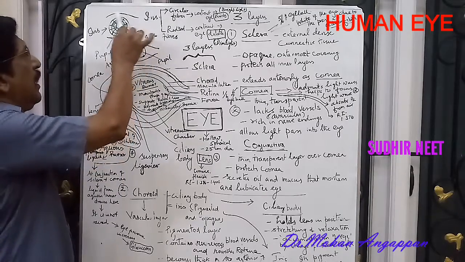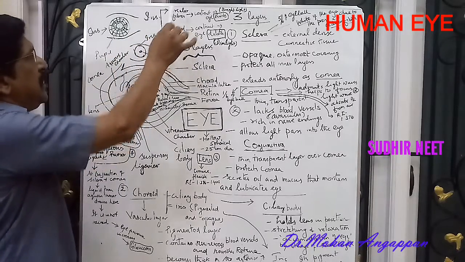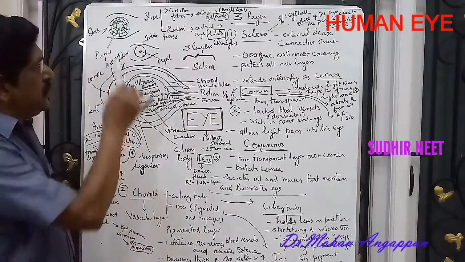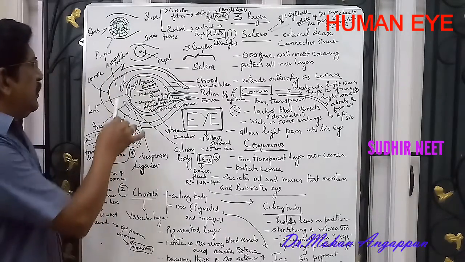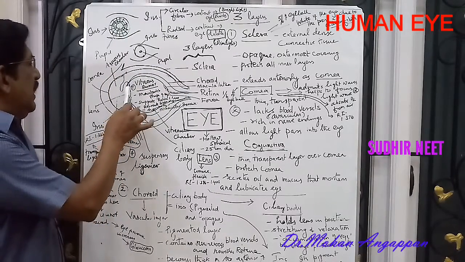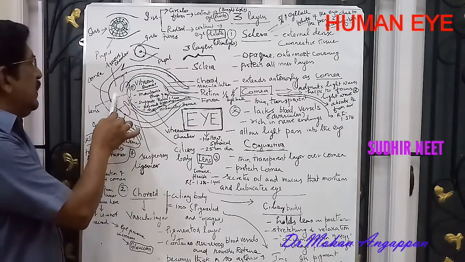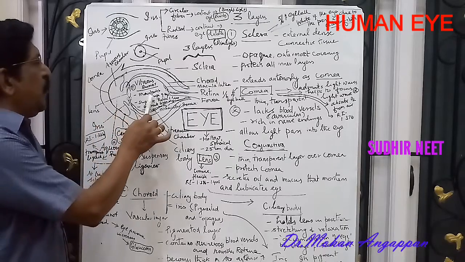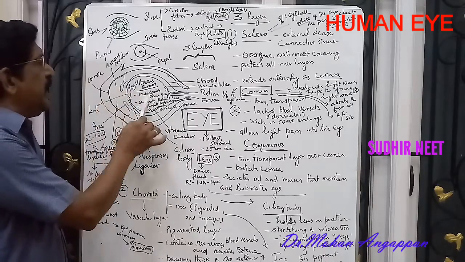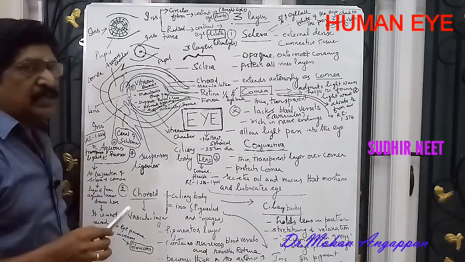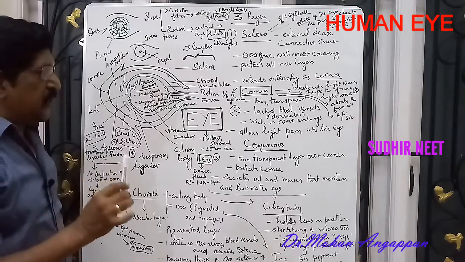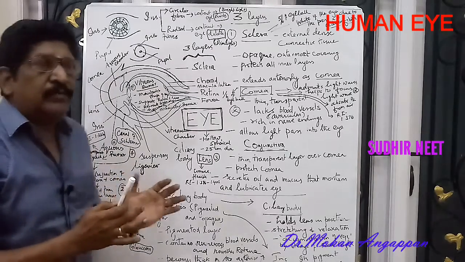The iris contains two types of muscles, circular fibers and radial fibers. And then we have seen the lens and aqueous chamber and vitreous chamber, aqueous humor and vitreous humor. So this is about the structure of the eye in this video.